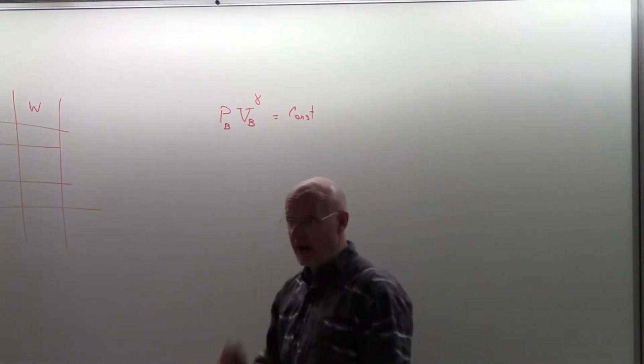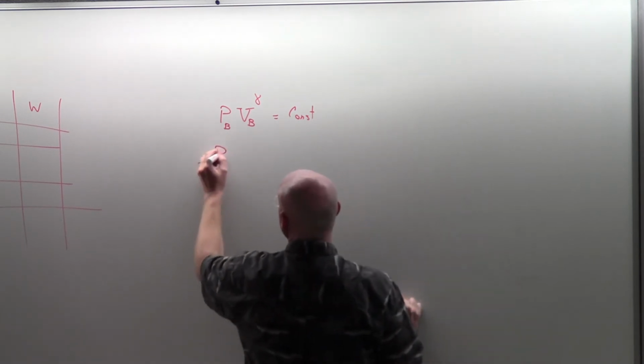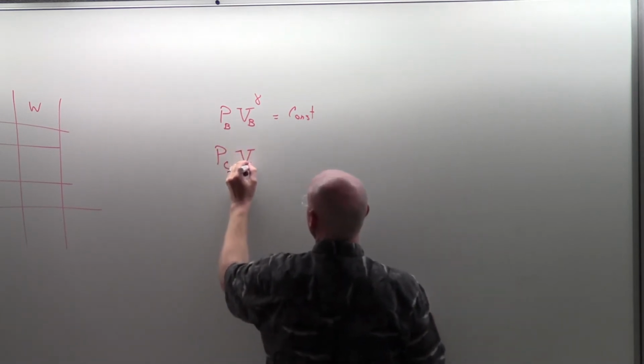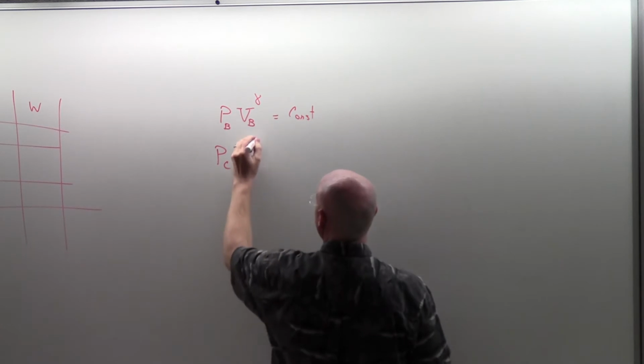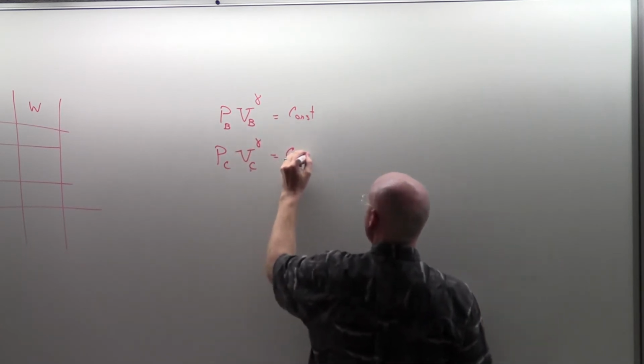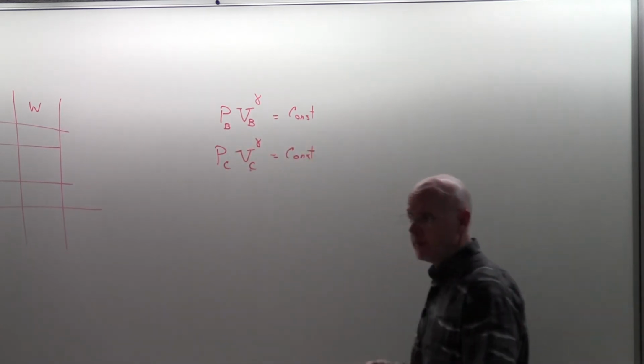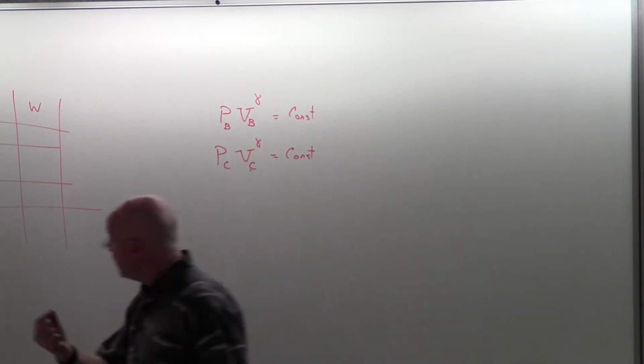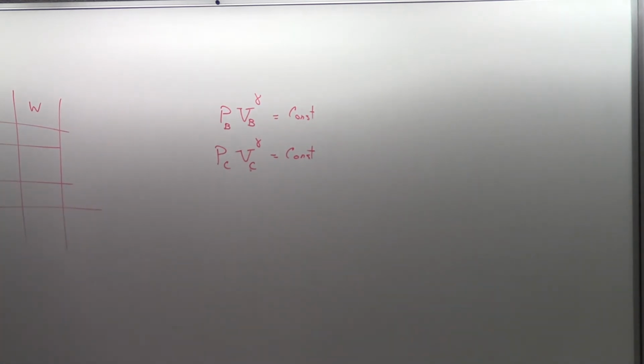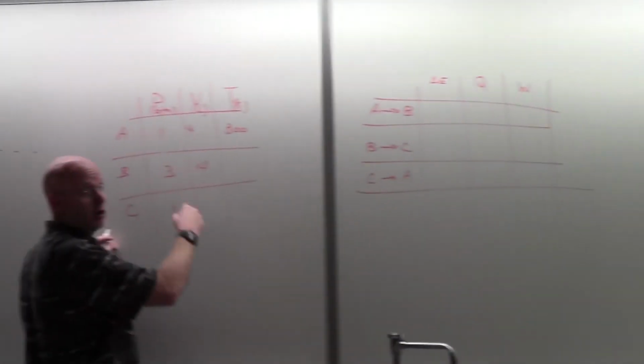But anywhere along that adiabatic process, which would also be point C, would equal that same constant. Now you can choose to find the constant if you want, because we do know B is a volume and a pressure already.